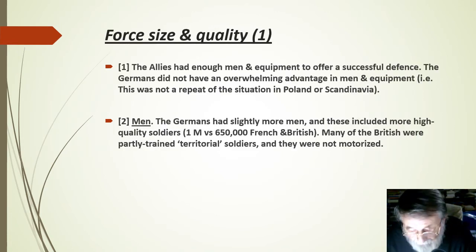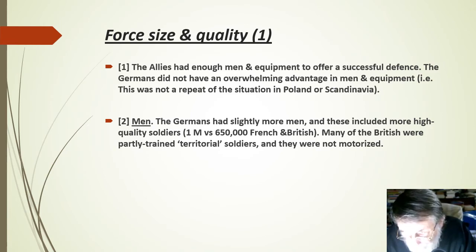Let's talk very quickly about force size. The British, French, along with the Belgians and Dutch, had enough men and equipment to offer a successful defense. The Germans did not have an overwhelming advantage in men and equipment, unlike the situation in Poland and Norway. The Germans had 136 divisions, the French 91, the British and Belgians 10 each.